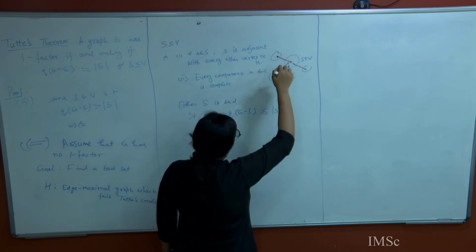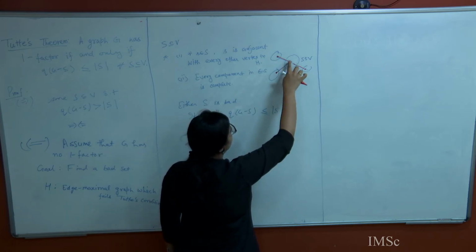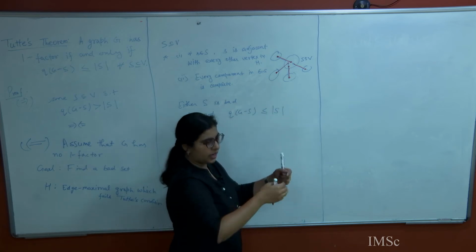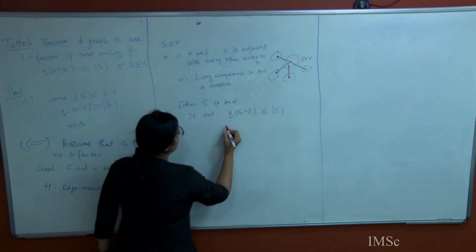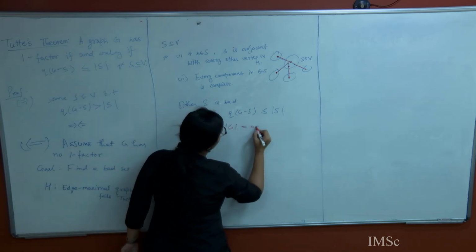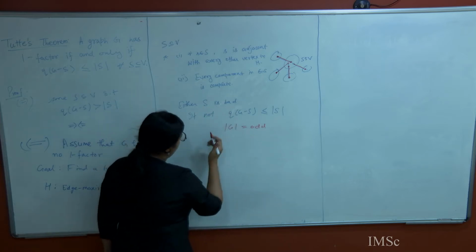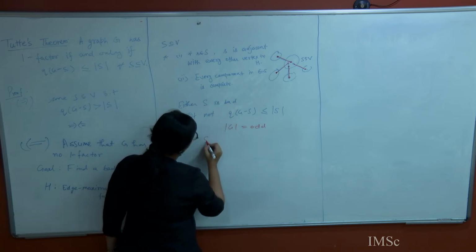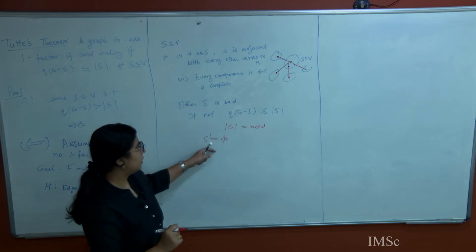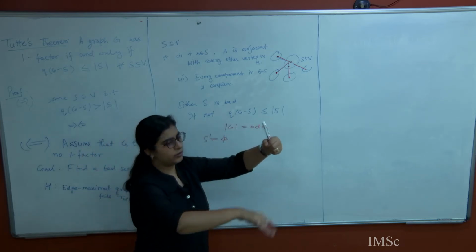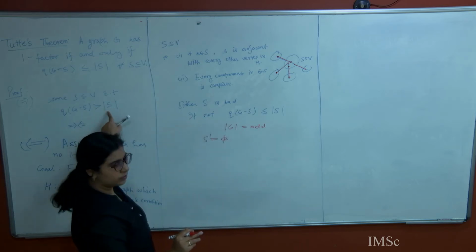If you count the number of vertices in every component together with the matched vertices of S, this is even, and the remaining vertices in S are odd. So the cardinality of G is odd, and so we can assume that the empty set is your bad set, because for the empty set, in G minus S you have one big odd component, and so this condition fails.